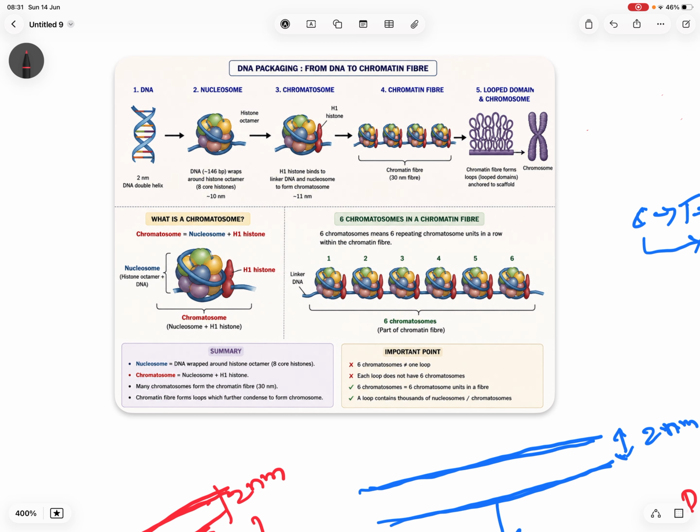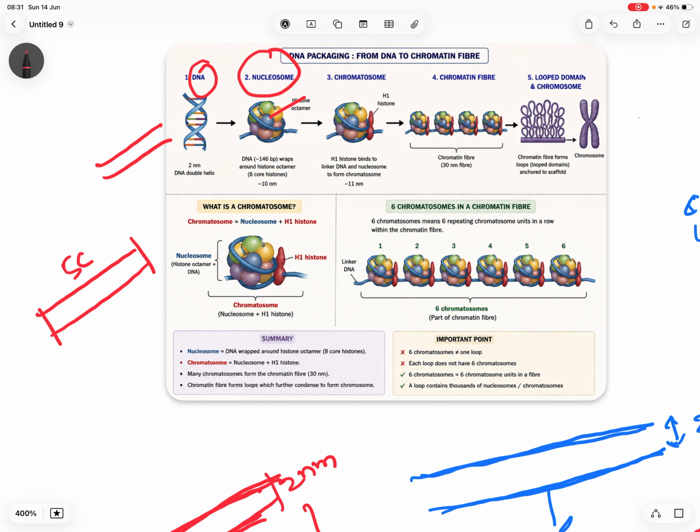Imagine a DNA molecule of 5 centimeters length; when you twine it around these proteins, it can be accommodated in just 1 centimeter length.